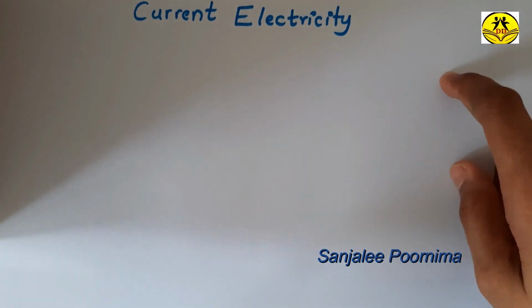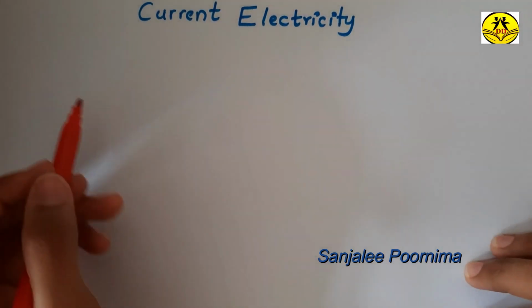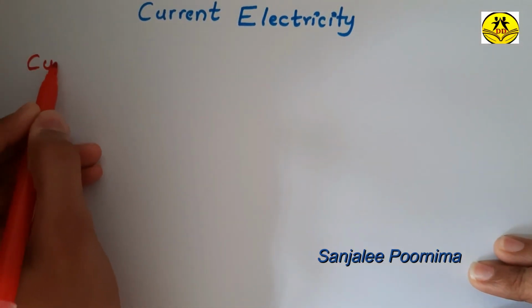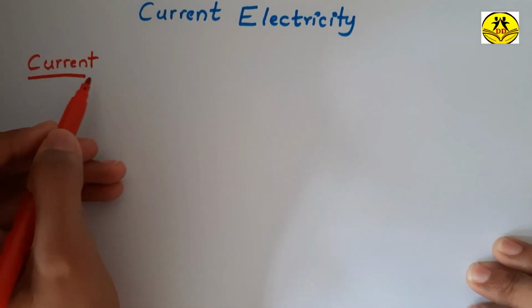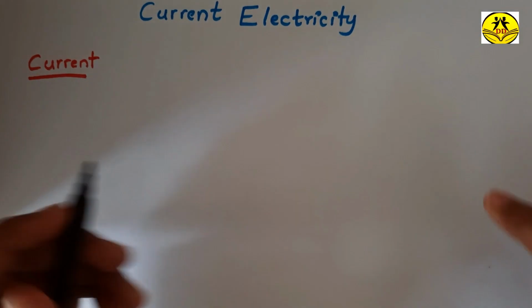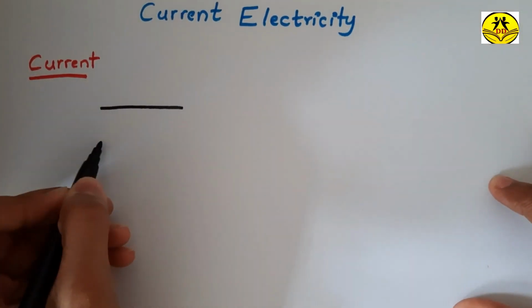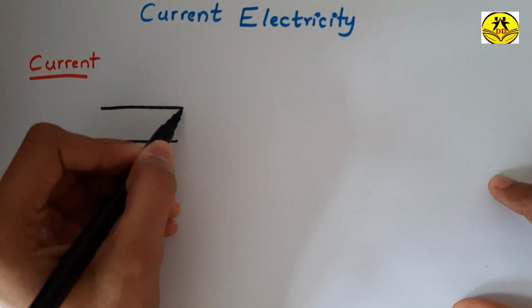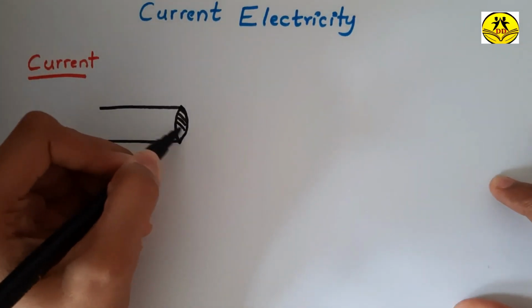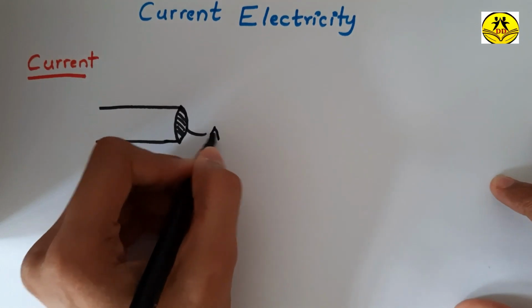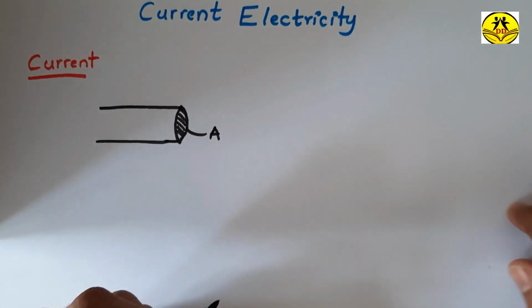Under the unit current electricity, first let's learn what current is. So now, what is current? In order to learn this, consider a conductor with a cross-sectional area A. This is a conductor.